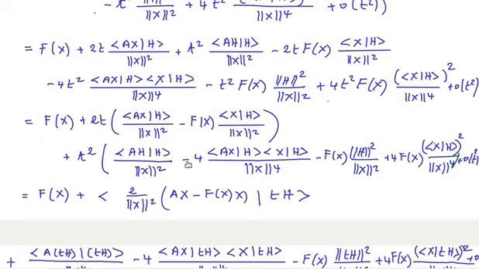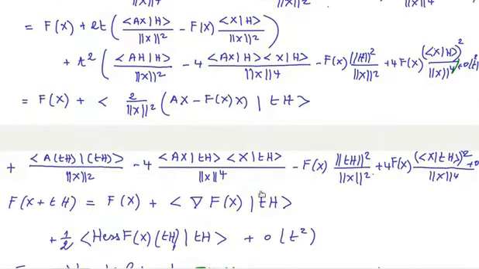We will write it as Ax minus f of x x, all dot th. We see appearing here the gradient of f applied to the vector th, plus the rest. In the rest, we have brought t inside.